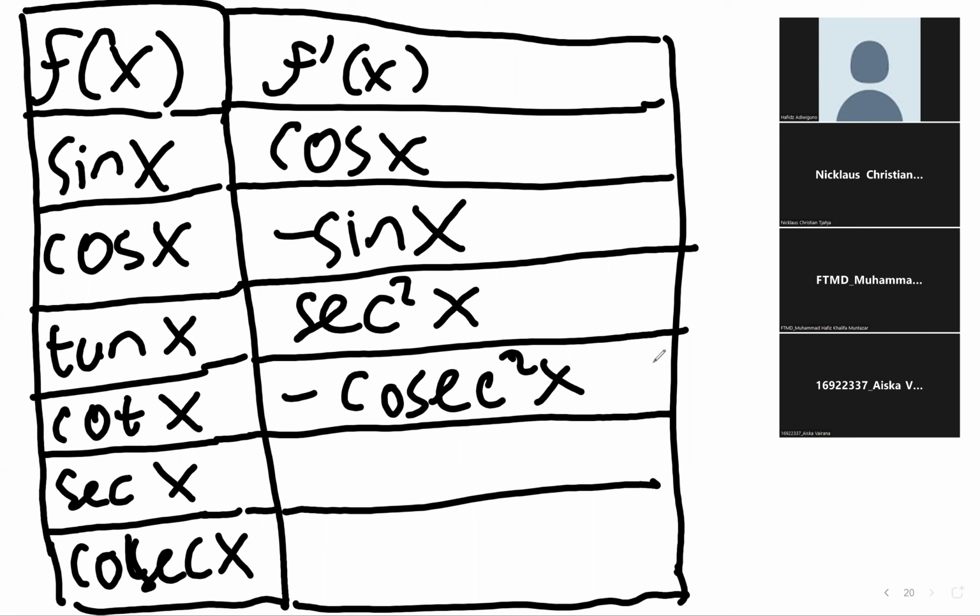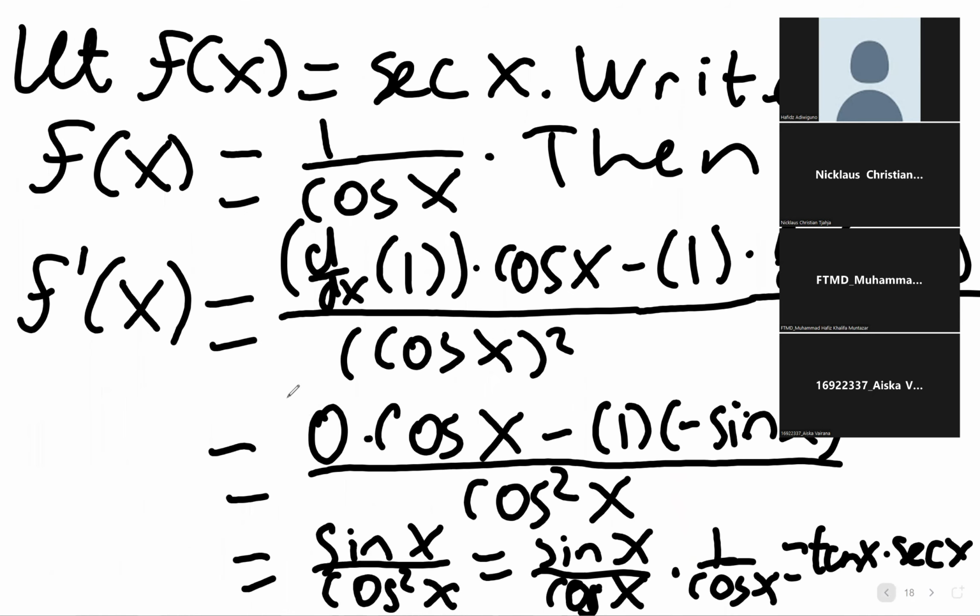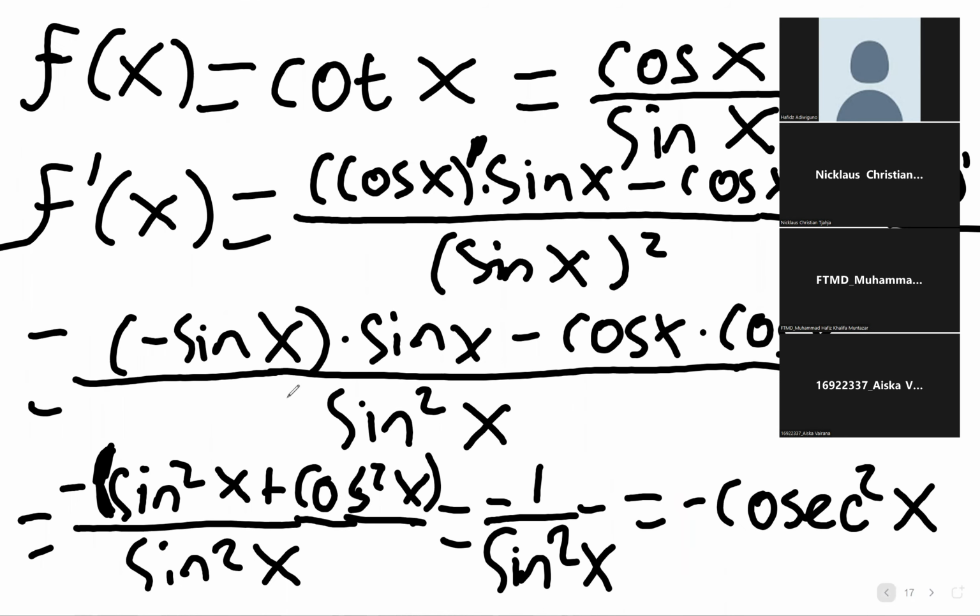Yes, sir. Okay, good. If f of x equals secant x, then what is the derivative? For secant x, sir, it is tan x. Secant x tan x, be careful. Previously, I have calculated this.